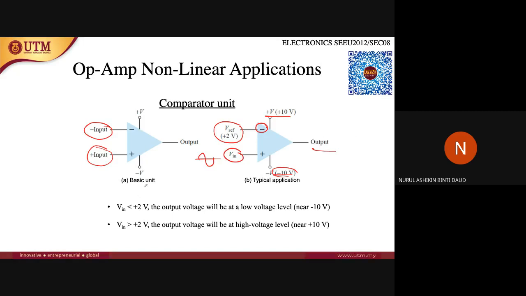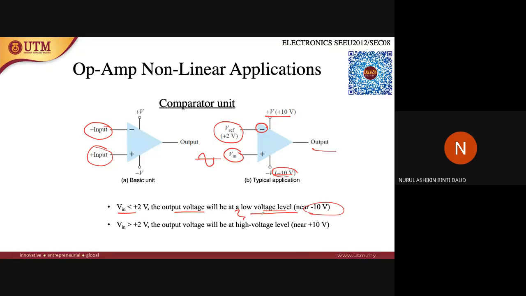Let's say V reference is 2 volts. Let's say the V in that you apply here is lesser than 2 volts, lesser than V reference. The output voltage will be at a low voltage level, which is near minus 10.